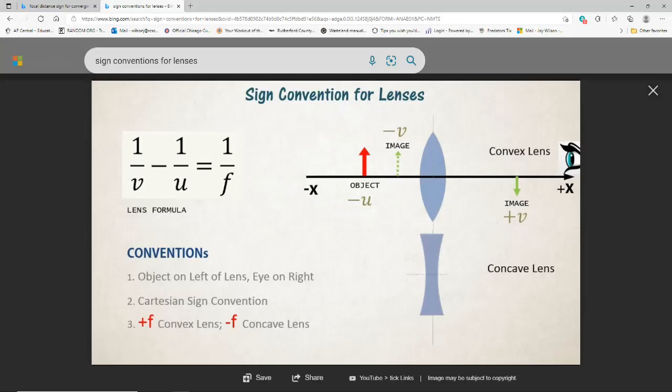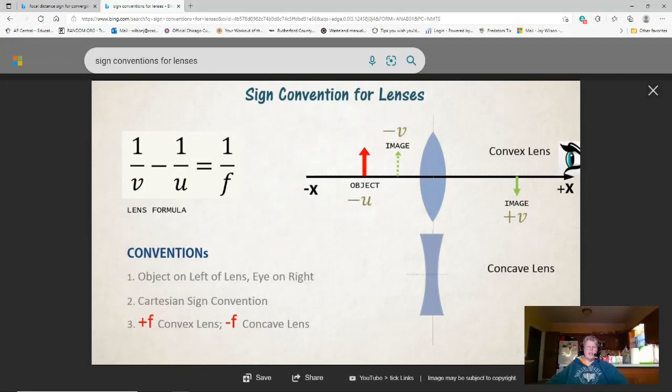Okay, so I'm going to show you this so that you can see what's going on. It depends on what kind of image we're using, what kind of object we're using, and I was setting it up. So your image and your object, as you can see, are both on the left of basically a convex piece. Since that's a convex piece, if this was your image, then your image would get a negative sign because it's on the same side as the object.